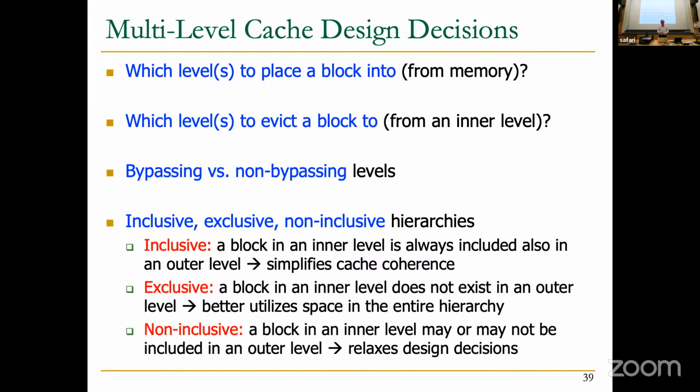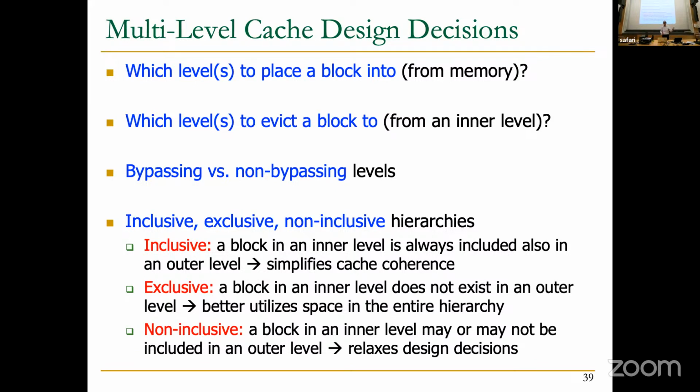Okay, and then there's a non-inclusive, which says basically, I'm not going to enforce either of these. A block may be replicated at some level, or it may not be replicated. I don't keep track of this. I don't enforce it. My coherence protocol is not going to depend on it. So it's going to happen. So this gives you design freedom. Let's say this relaxes the design decisions. In exclusive hierarchy, you need to ensure that no other cache has it.